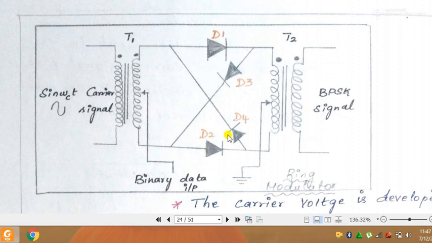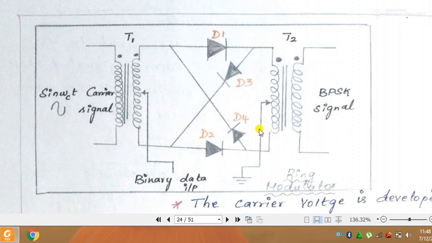These are all the diodes, they act as switches. If the binary input is 1, diodes D1 and D2 are forward biased, that is on, so directly they act as a switch. D3 and D4 are reverse biased, so they are off.